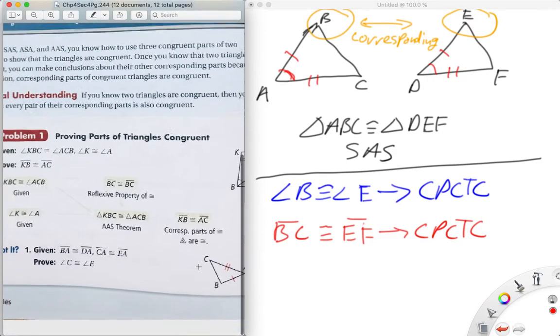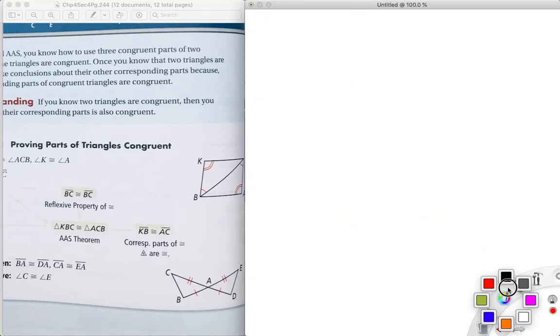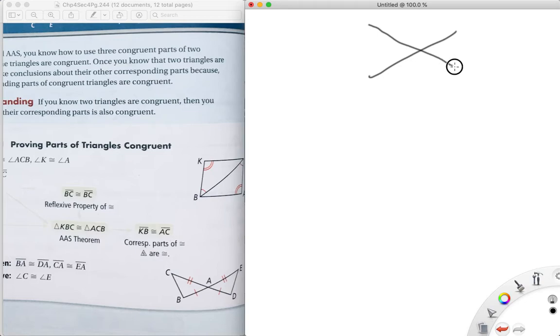So with that in mind, they give me this figure here. Triangles AED and ACB.